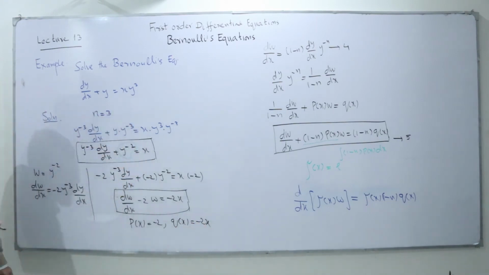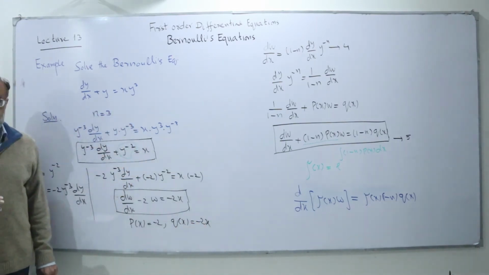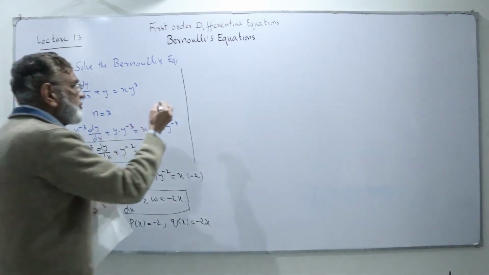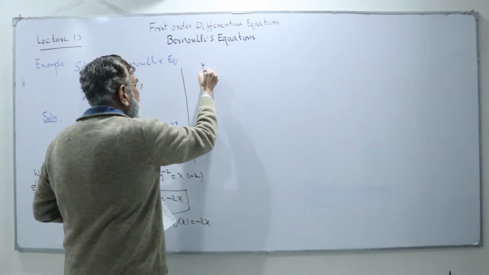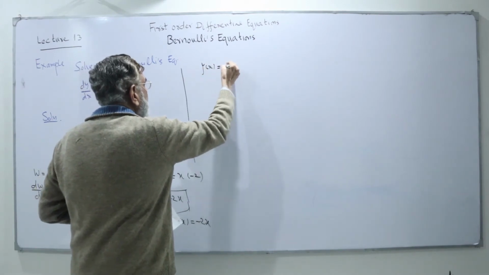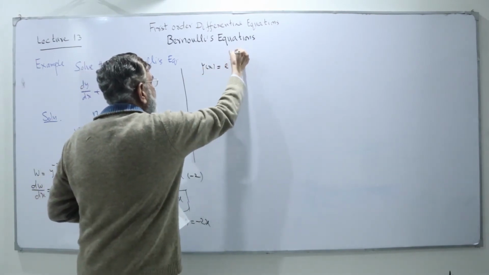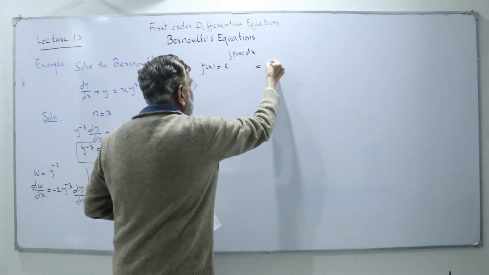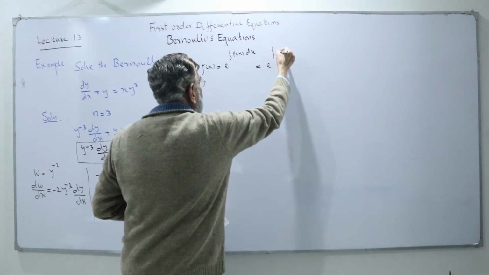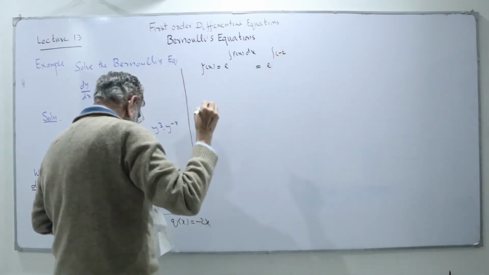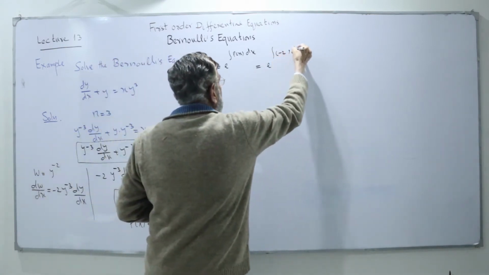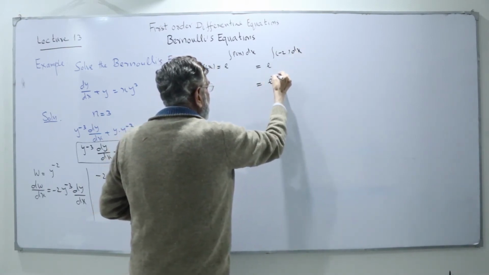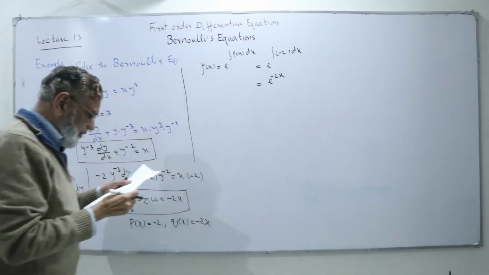Now I use the method for solving a first order linear differential equation. To find the integrating factor, we write mu of x is equal to e to power integral p of x dx. Our p of x is minus 2, so e to power integral minus 2 dx. We integrate it and we get e to power minus 2x as our integrating factor.